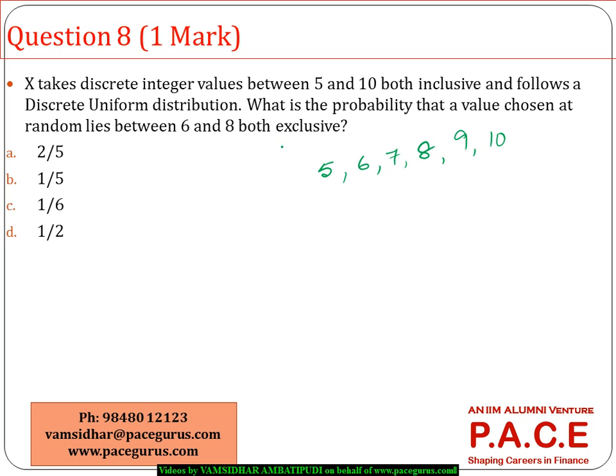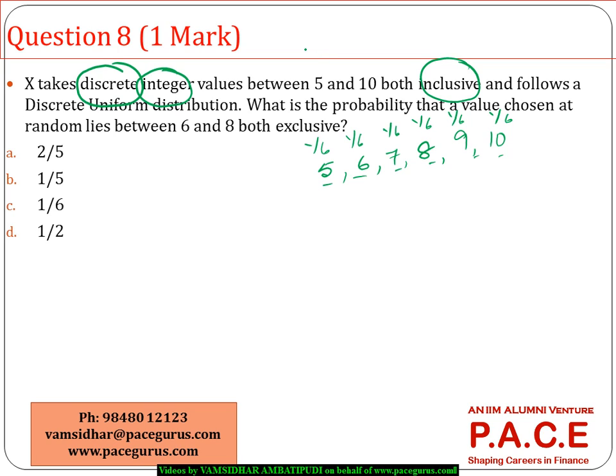So because we are talking of one discrete, two integer and inclusive, the various possibilities for X are 5, 6, 7, 8, 9, 10. And it follows a discrete uniform distribution, which means the probability of occurrence of each of these values is 1 by 6. Because there are 6 possible values, the probability of occurrence of each of these values is coming out as 1 by 6.